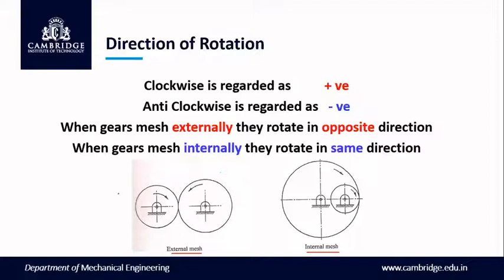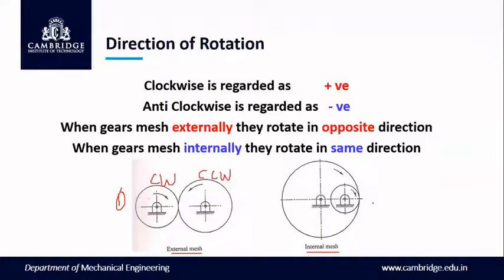Now if you consider Figure 1, if we consider the left pinion, the smaller gear, as the driver rotating in clockwise direction, it meshes with another gear that rotates in counterclockwise direction, because these two gears are meshed together externally. Hence, when gears mesh externally, they rotate in opposite directions.